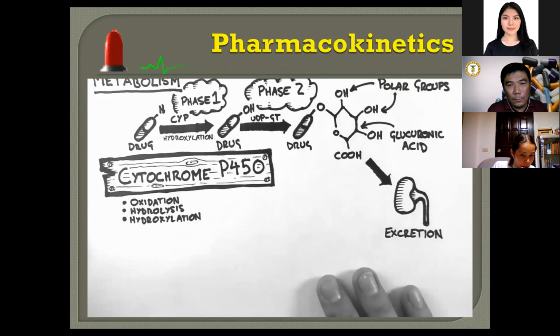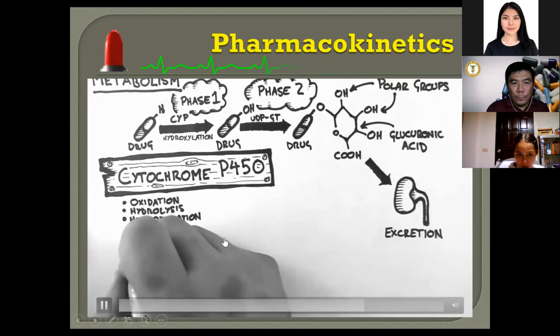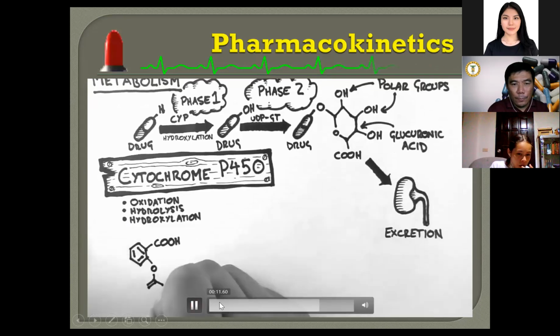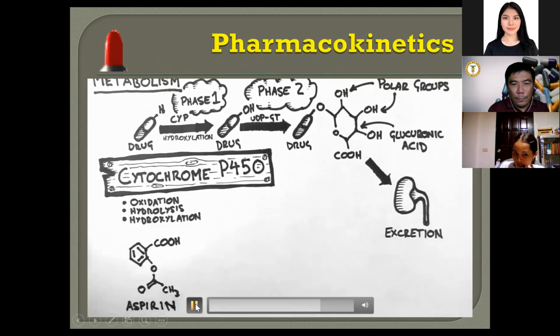Let's have a look at an example now. This molecule here is aspirin, or more correctly, acetyl salicylic acid. Okay. Now, the one that he mentioned about the phases is when the cytochrome P450 is released by the liver, it will undergo these three processes.